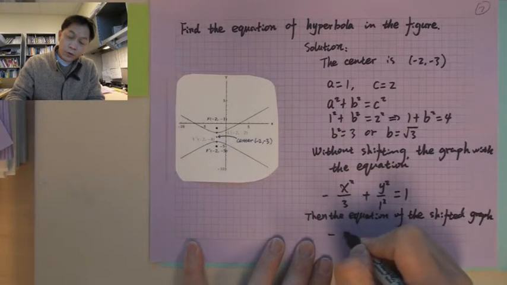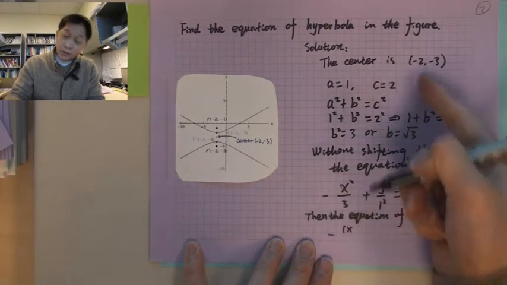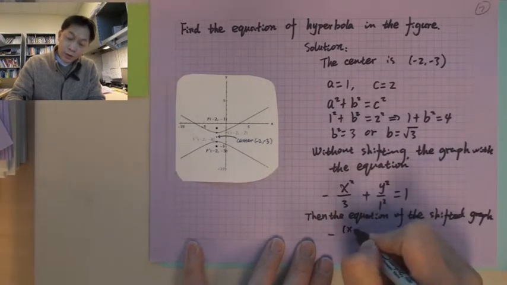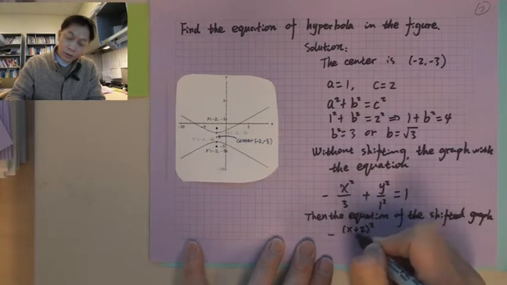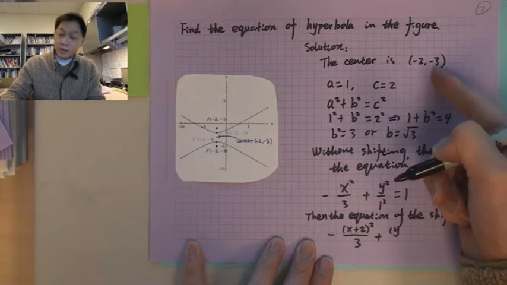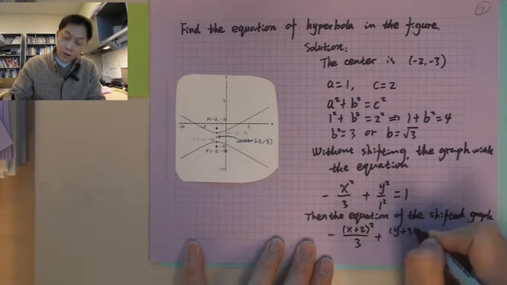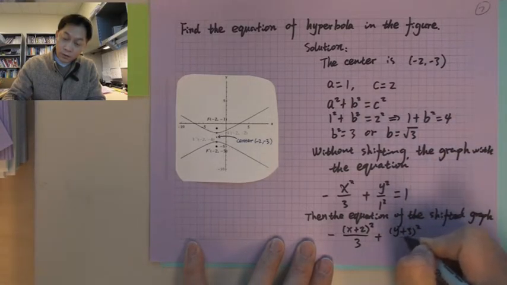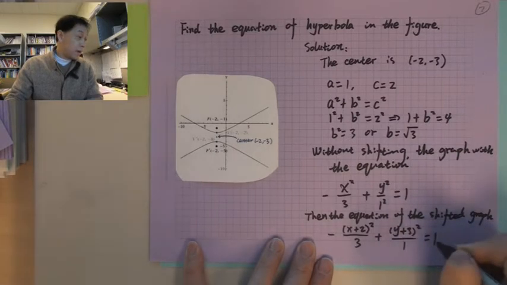It is (x minus -2), so that's x plus 2, squared over 3, plus (y minus -3), that's y plus 3, over 1 equals 1.